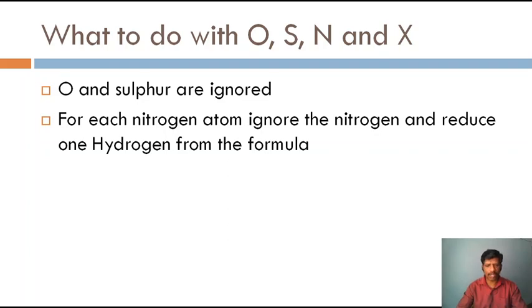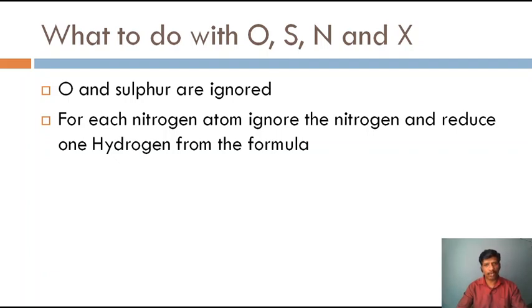Then we will understand more clearly. When halogens are present, just replace the halogens with hydrogen. If nitrogen is present, you should not replace it. You have to ignore it, and additionally remove one more hydrogen for every nitrogen. That means remove nitrogen and hydrogen.